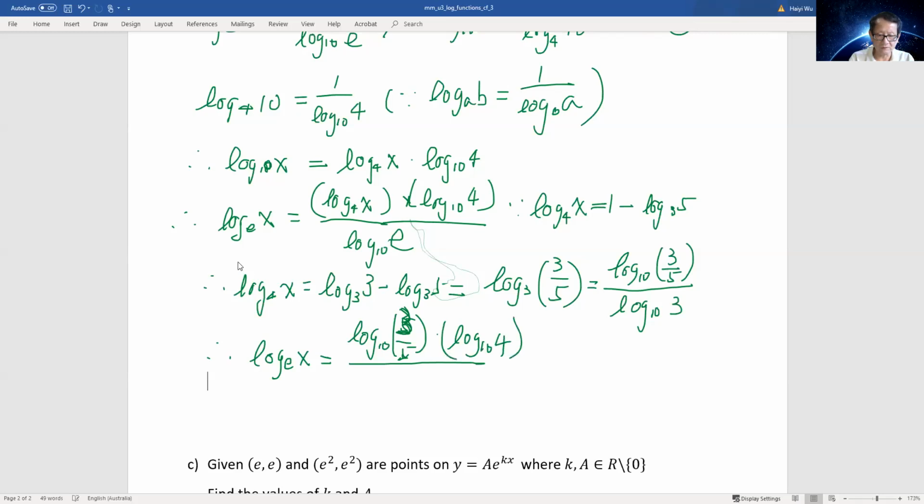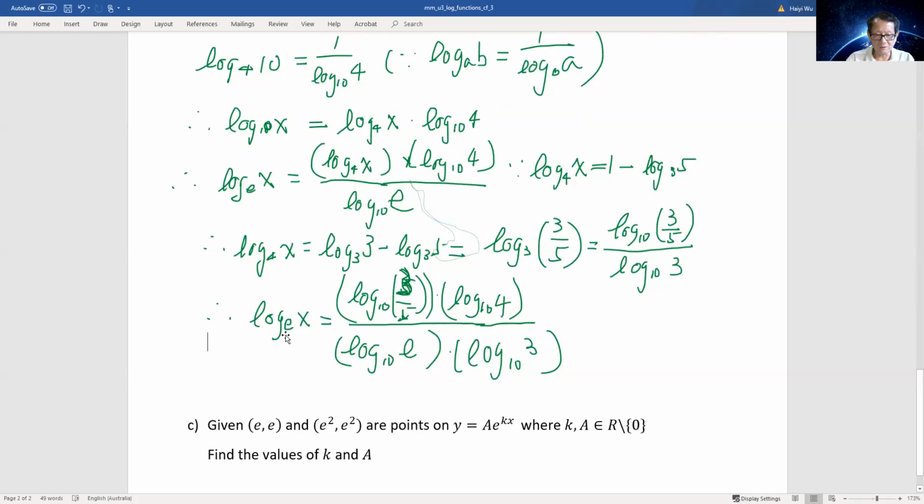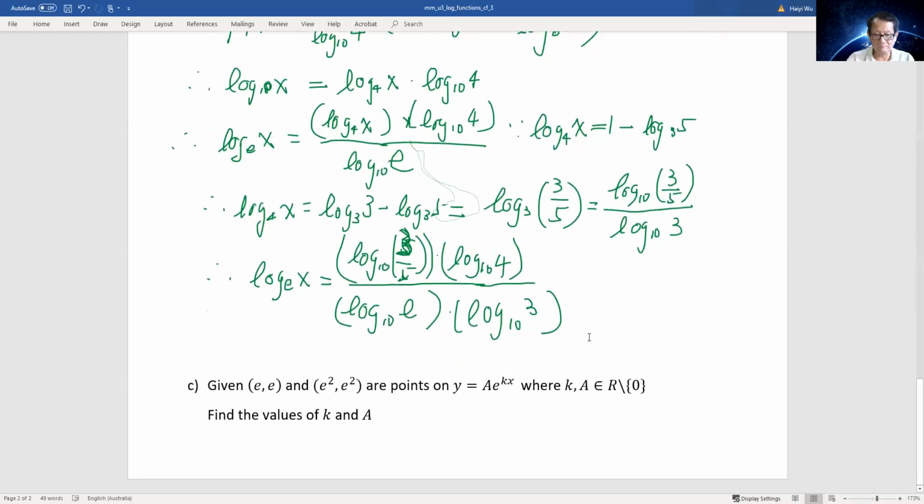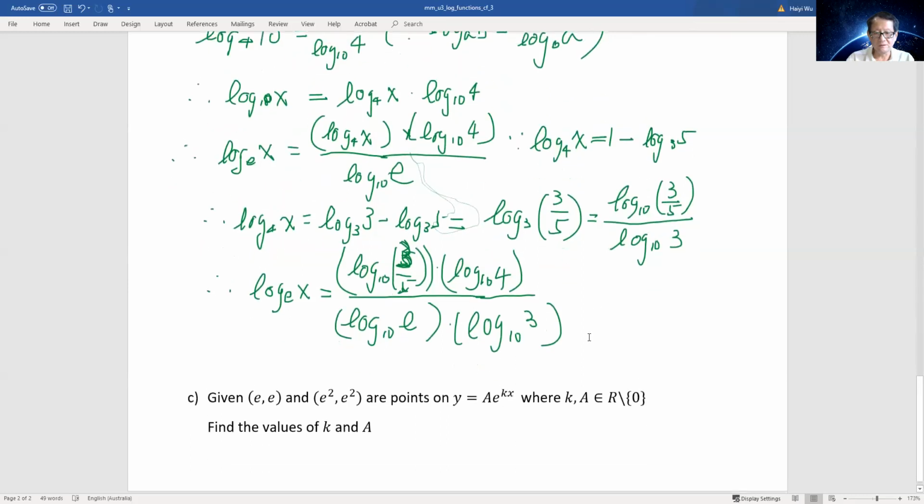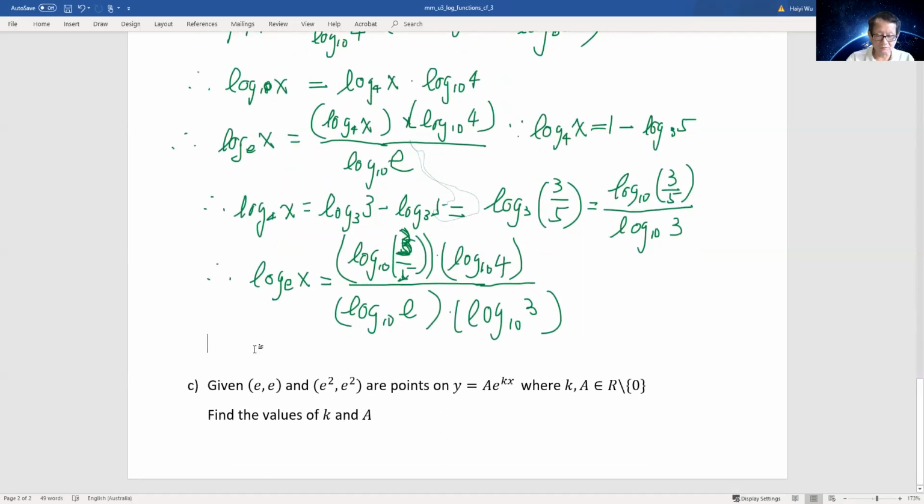So that's my second log. So this is the first base-10 log, the second base-10 log. Then at the bottom, we have already log base 10 of e, and the second one is log base 10 of 3. So now we achieve all four logs, all base 10. So now from log base e of x, we change to log base 10. All right, that's equation number 2.